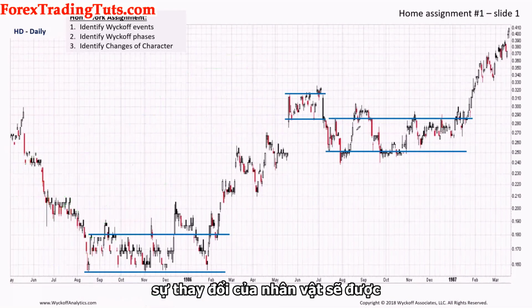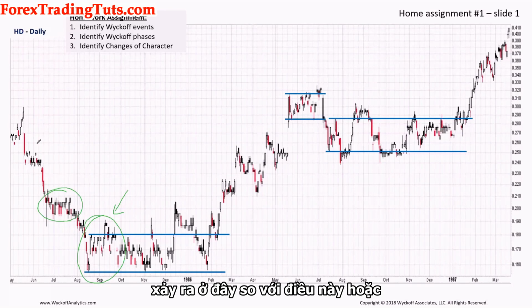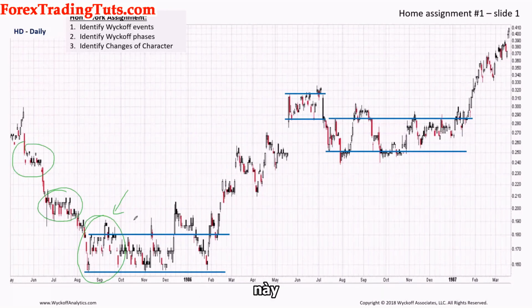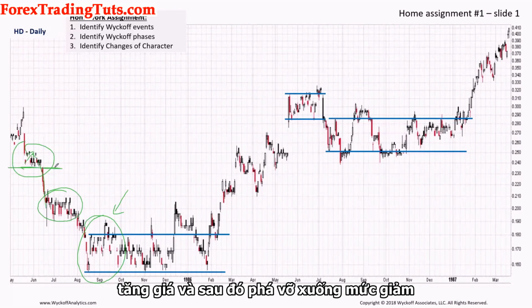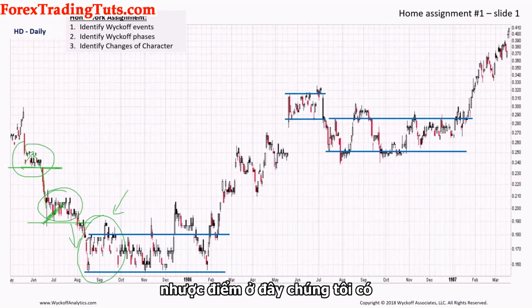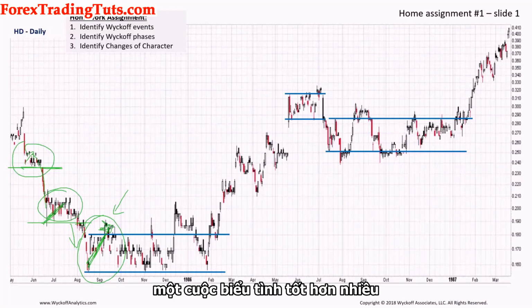And the change of character is all about something different happening here in comparison to this or this. Every time we either have a very weak rally and then a break to the downside, weak rally and then a break to the downside. Here we have a much better rally.